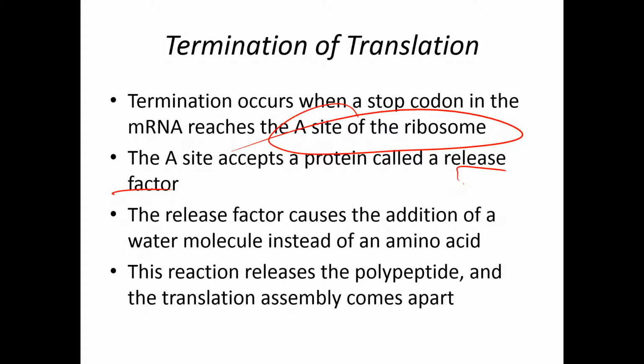Your large and small subunit break apart, your messenger RNA falls away, and your polypeptide chain that you've been producing is released from the tRNA molecule. Everything disassembles, and you can get your protein, which is the final product of this process.